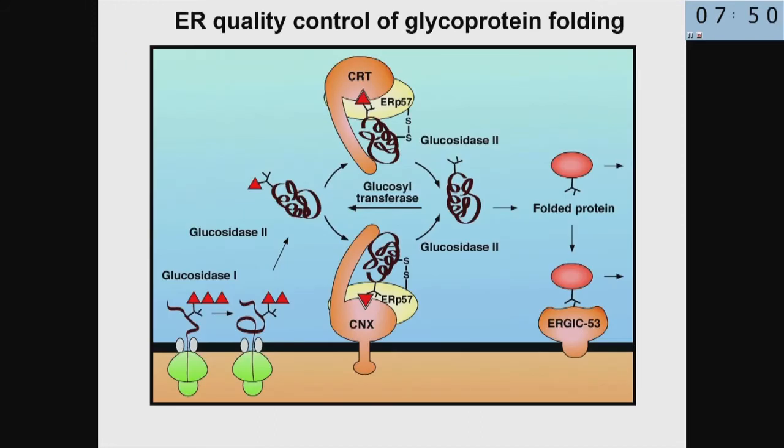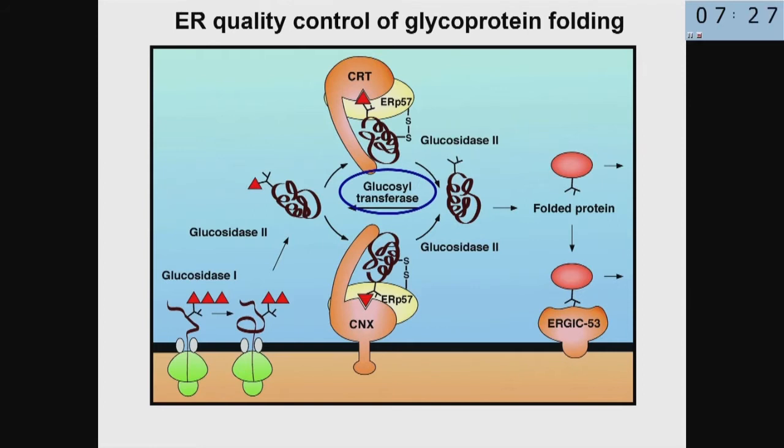So this is what's called the ER quality control of glycoprotein folding. Here you have on the left the peptide inside the lumen of the ER. The 3 glucoses are the 3 red triangles. Glucosidase 1 removes the most external glucose.